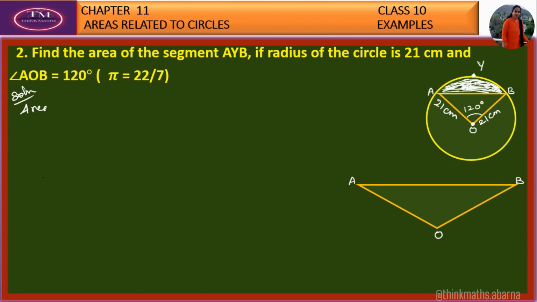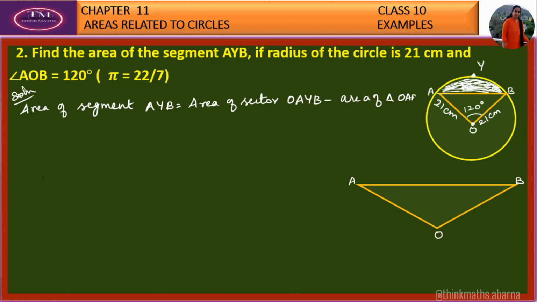So area of segment AYB is equal to area of sector OAYB minus area of triangle OAB. If we take out the area of triangle OAB from the area of the sector, then we will get this segment area.